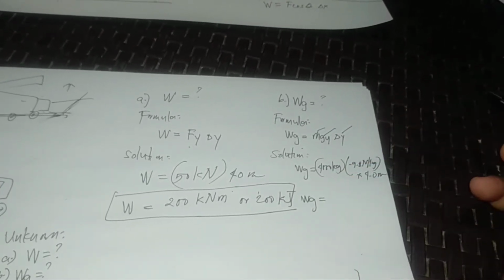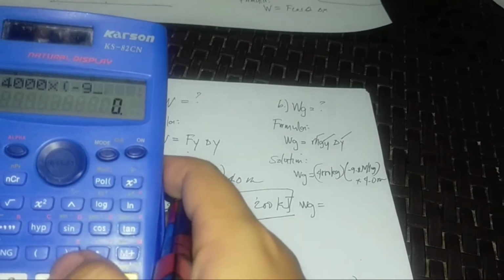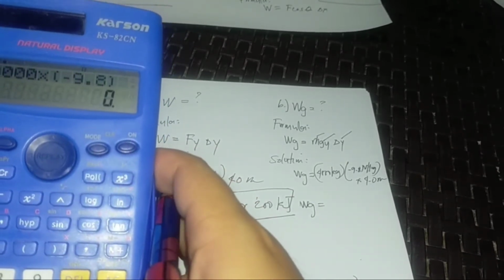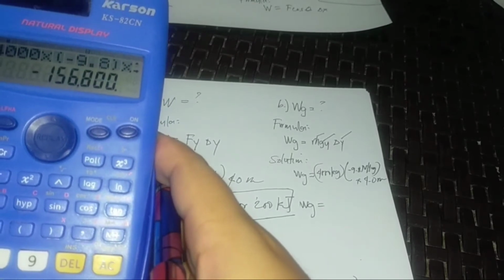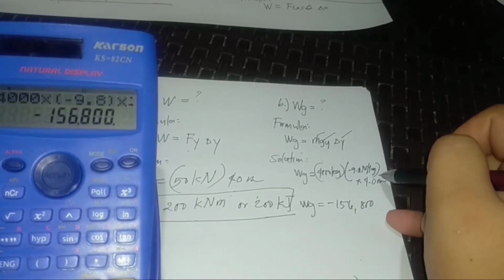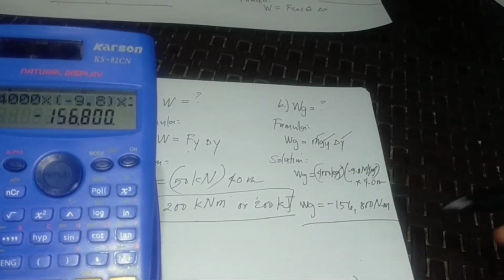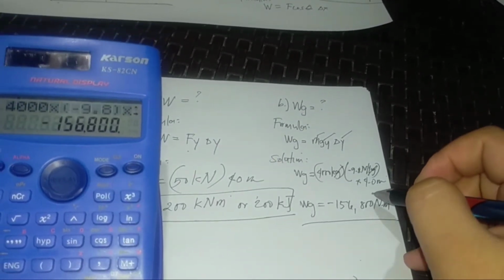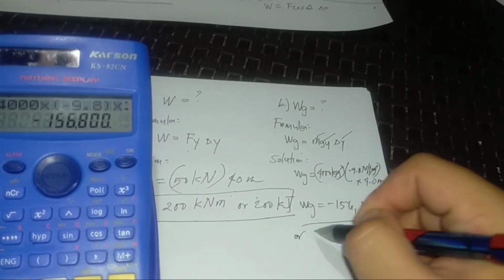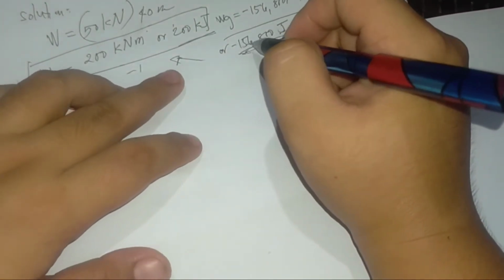So, Wg is equivalent to 4,000 times negative 9.8 times 4 equals negative 156,800. So, the unit will cancel kilogram and kilogram. This will be Newton meter. So, we have negative 156,800 Newton meter or negative 156,800 joule.